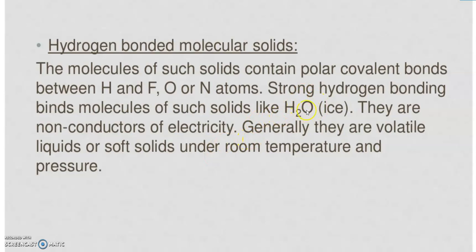In ice, there is a strong hydrogen bond between hydrogen and oxygen. They are also non-conductors of electricity, and generally they are volatile liquids or soft solids under room temperature and pressure. So under molecular crystalline solids, there are three types: non-polar bonded molecules, polar bonded molecules, and hydrogen bonded molecular solids.